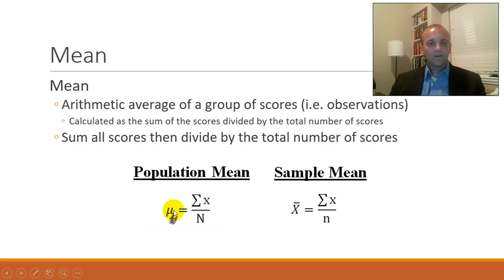So mu is generally the notation for the population mean, right? For the sample, you'll see this X bar, and that's consistent pretty much across the board. The X bar is generally going to be a mean. So if you see an X bar equals a number, you know that's the average, okay?